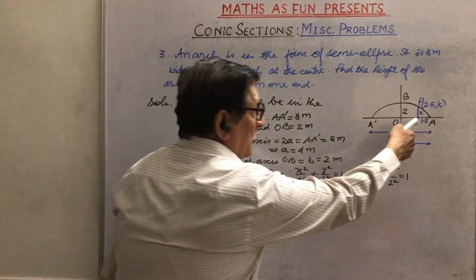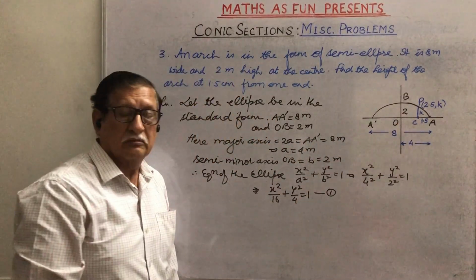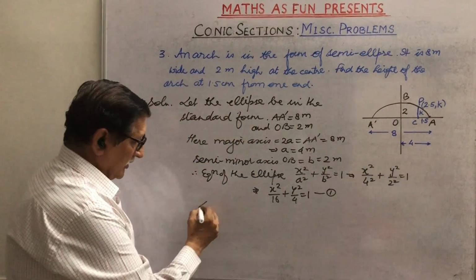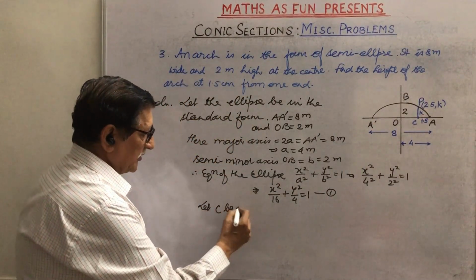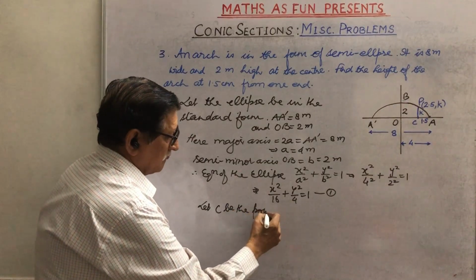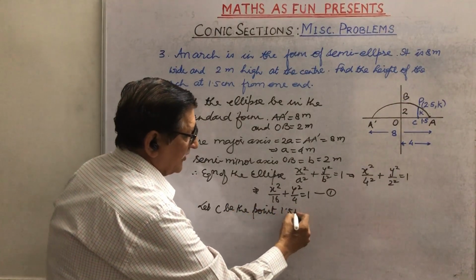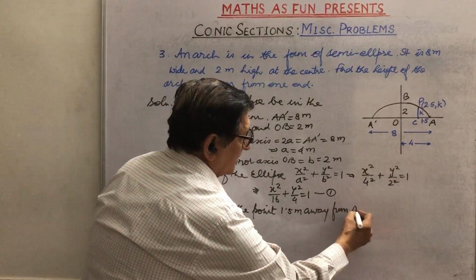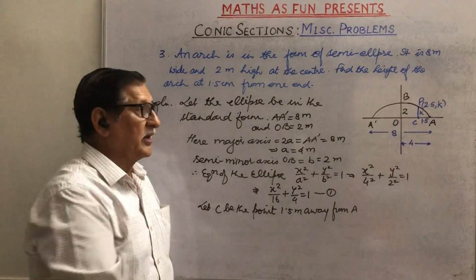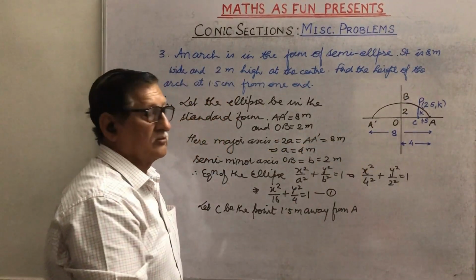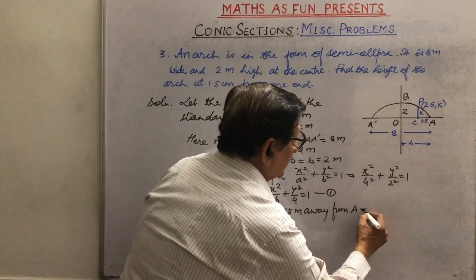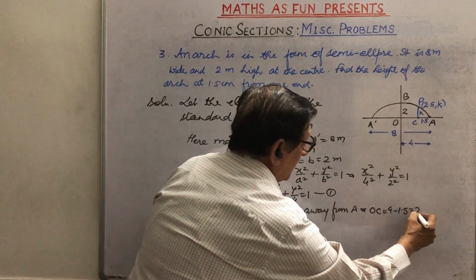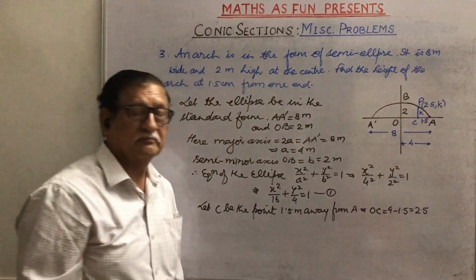Now, suppose point C is the point which is at 1.5 meters from A. Let C be the point 1.5 meters away from A. And we know OA is equal to 4. So can we say then OC will be equal to 4 minus 1.5, or we can say 2.5.